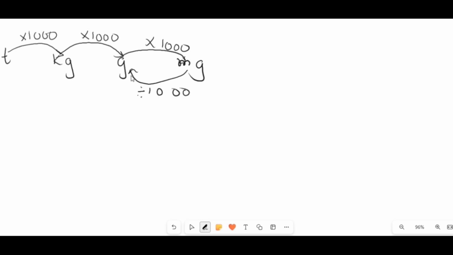Divide by 1000, then from gram to kilogram, again divide by 1000, and from kg to ton, divide by 1000. Just remember this diagram. If you know this diagram, you can convert any unit anytime by any number. We'll understand it with an example.